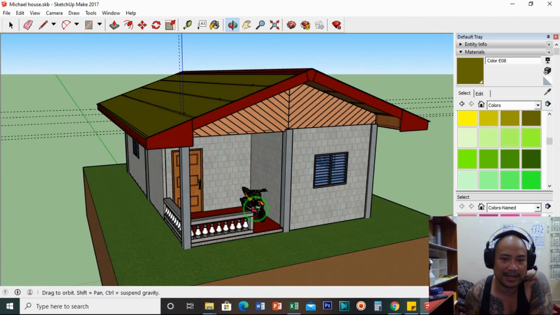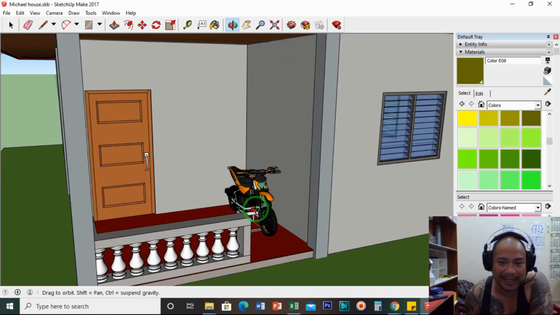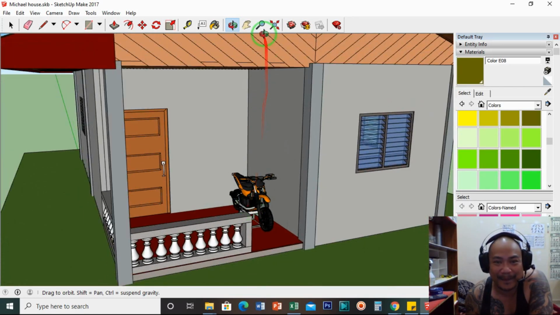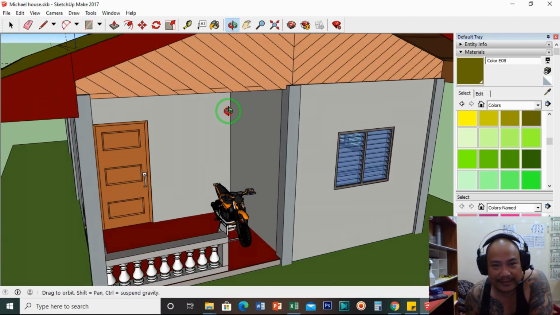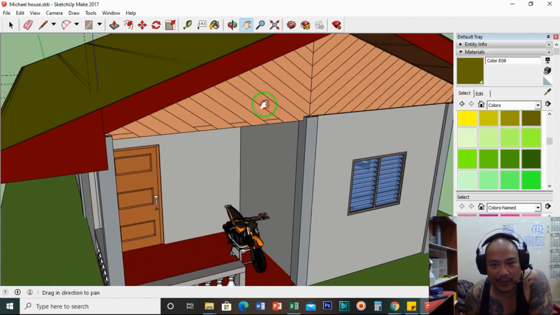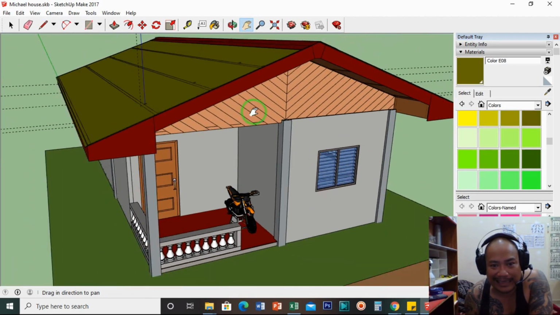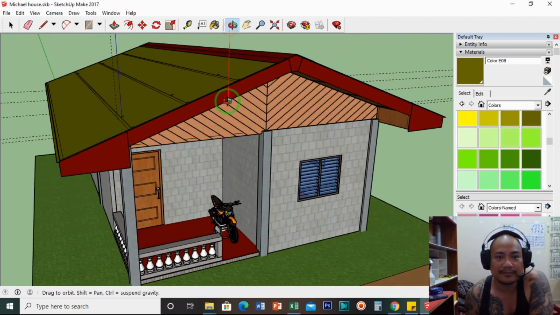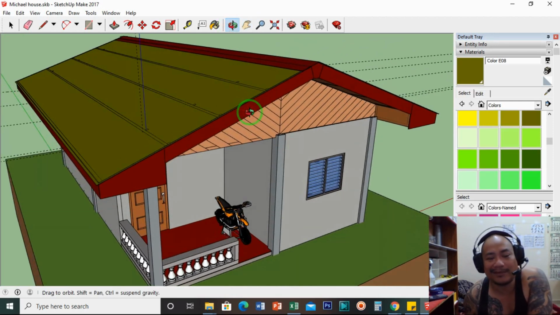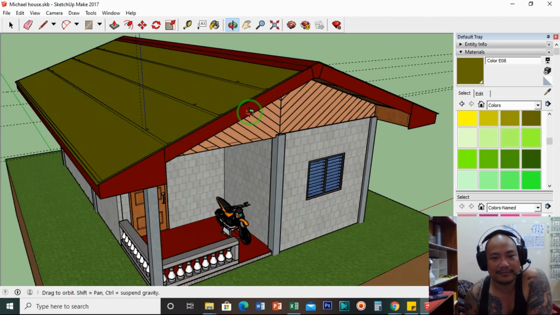The motorcycle is not included. I will also show you the cost of materials and approximately how much this house costs. Imagine a simple OFW can even afford this one.